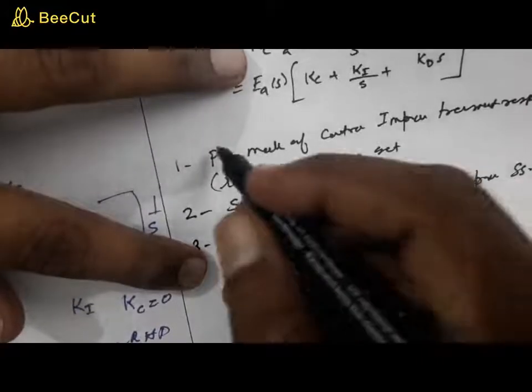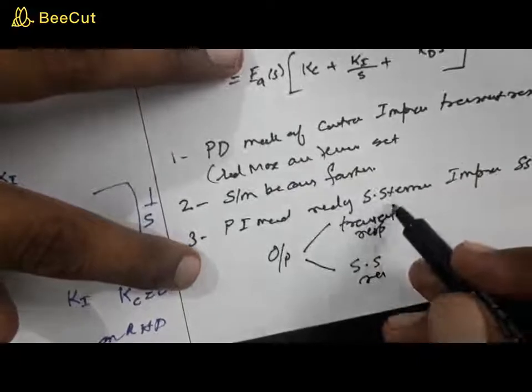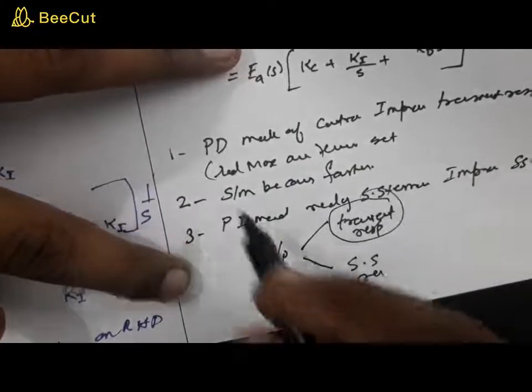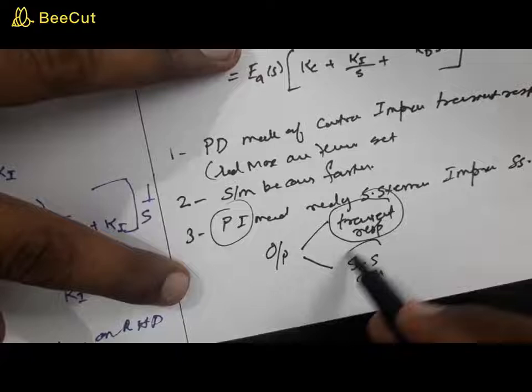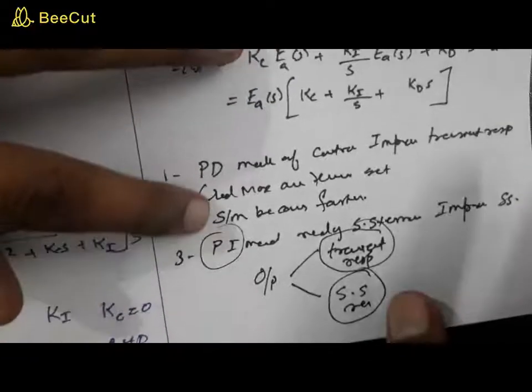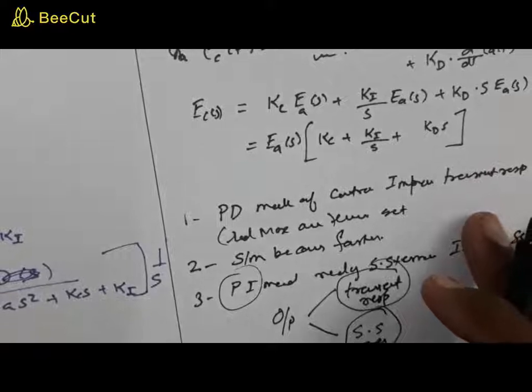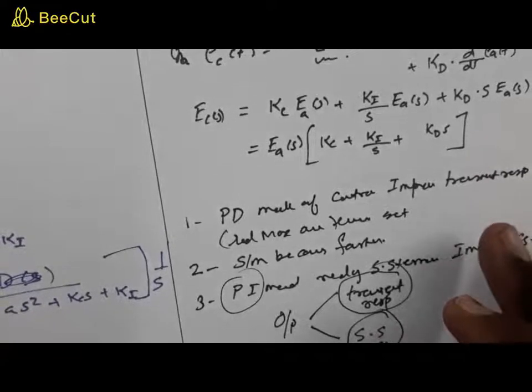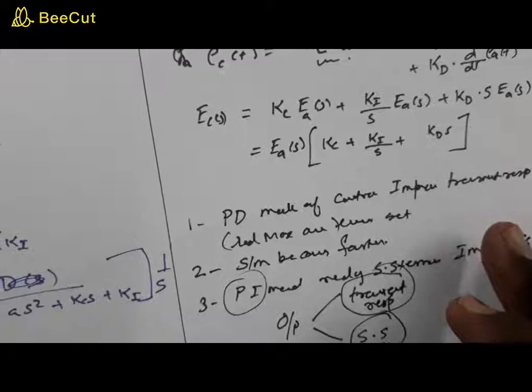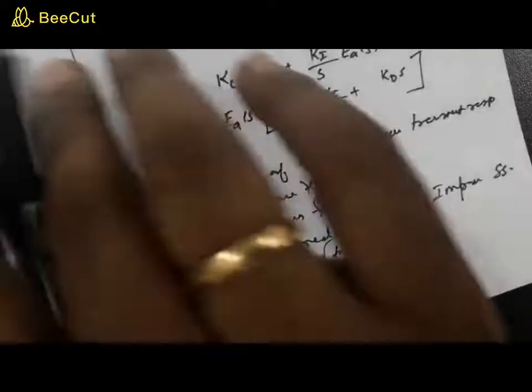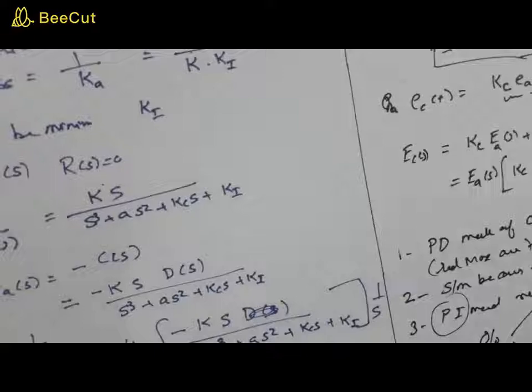By the use of derivative control, the transient response improves, and by the use of the PI mode, the steady state response improves. So overall, the whole response is going to be improved due to the usage of a PID controller. Okay, hope you have understood all these things.